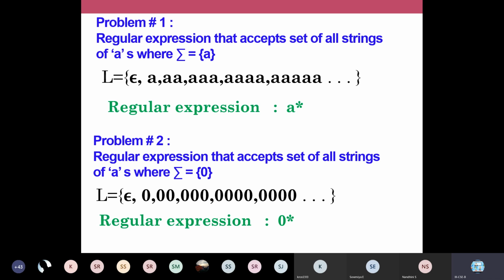When your question has some other symbols, you must be able to analyze and substitute the symbols. So instead of A, if there is a 0, your regular expression is going to be 0 star. And if it is a B, you are going to write it as B star.